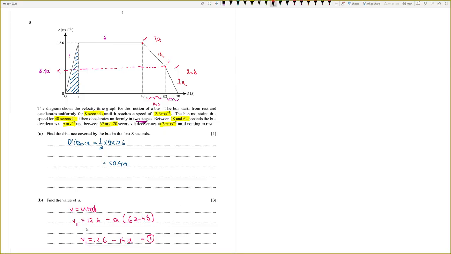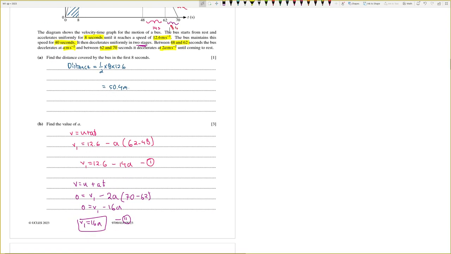They actually used v1 in the mark scheme. That's fine, anything works. The final speed of the first phase. So v1 is equal to the initial speed, which is 12.6, minus a times time. The time is 62 minus 48, which is 14 seconds. So that is the value of v1.